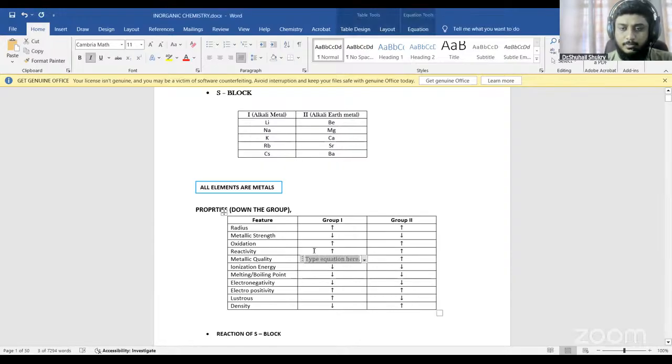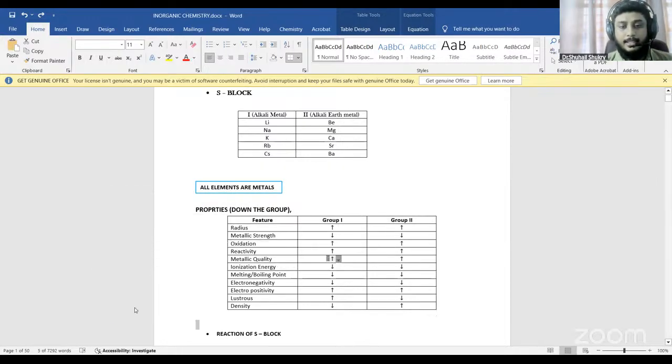Sorry. Metallic strength decreases, but metallic quality, the metallic nature, increases. The ability to release electrons increases, therefore the metallic nature increases.